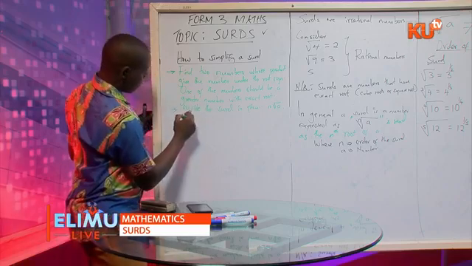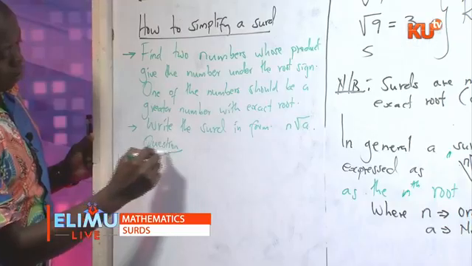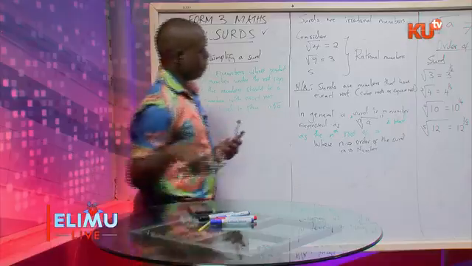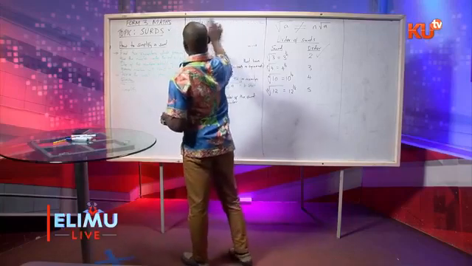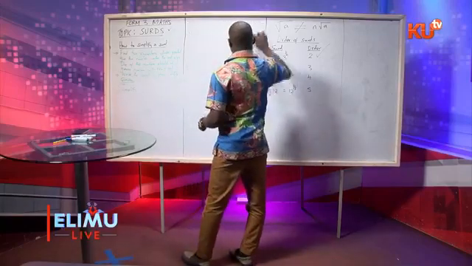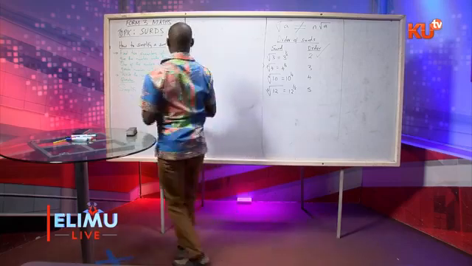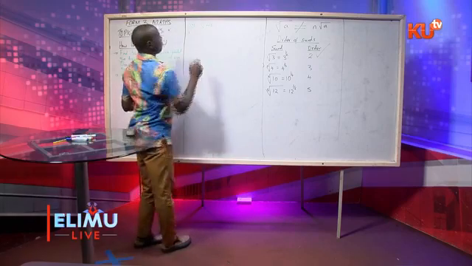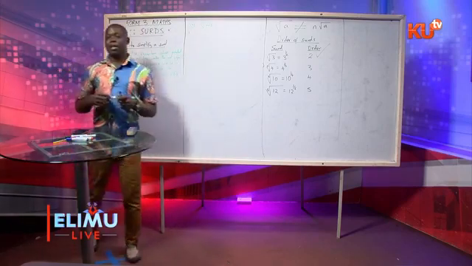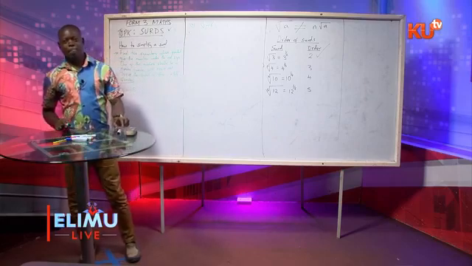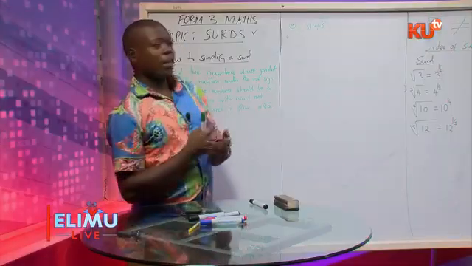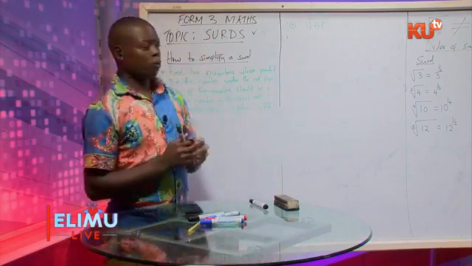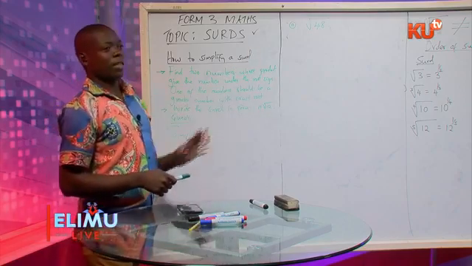Let's do an example. If you are told to simplify, and you are simplifying a surd that is root 48. We are told to simplify root 48. So using factors in form 1, identify the factors of 48 to get the two numbers whose product is 48.